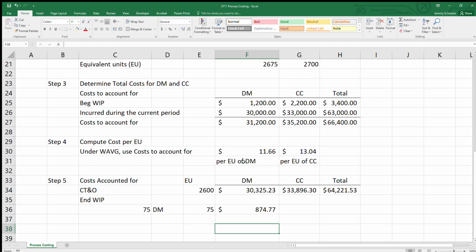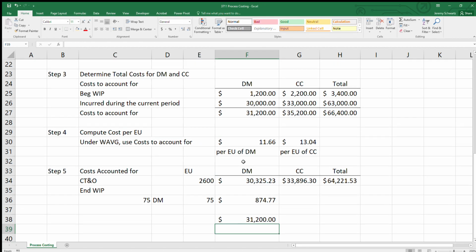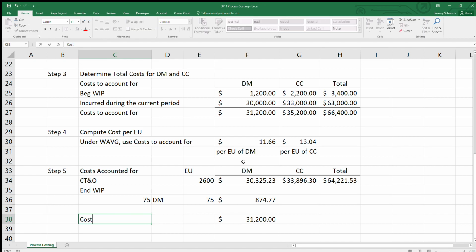Now I know you're excited about this, so what we'll do is add up these costs in this column, and we get our costs accounted for direct materials of $31,200, just as we had seen in cell F27.